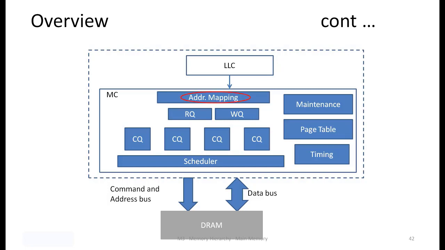We looked at the address mapping, wherein the physical address is divided into the column, row, bank, rank, DIMM and channel numbers, and then the request is enqueued either in the read queue or write queue.